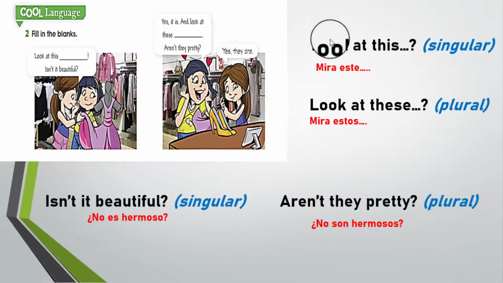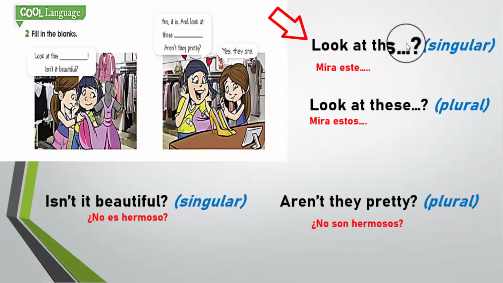Mira por favor acá, tenemos la primera palabra, es look at this, pero mira, esto significa mira este, ¿no? Pero cuando usas esta expresión, recuerda, aquí los puntitos quiere decir que va a venir un objeto en singular, ¿no? ¿Ok? Puede ser look at this mobile phone, ¿no?